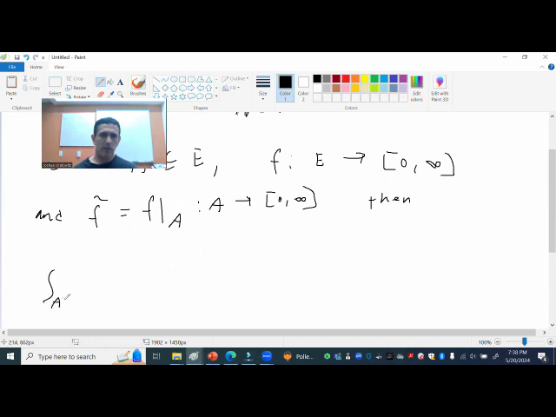Then this here is going to be equal to the integral of F tilde.